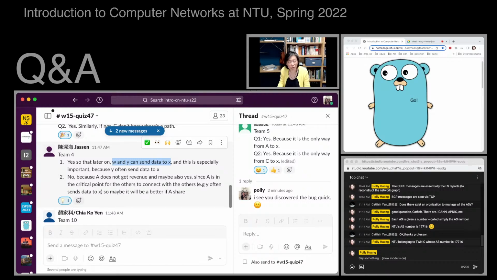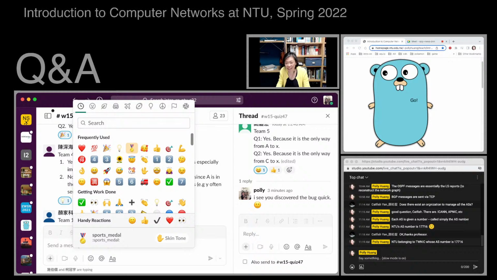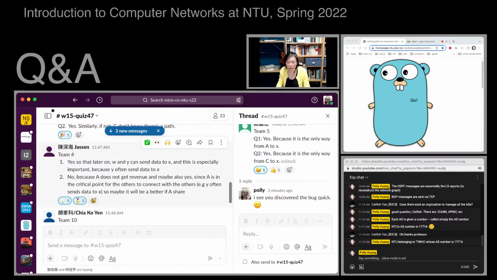W can potentially want to send data to X as well, not just Y. And here, Team 4 is debating whether A should send AWX, because obviously A is not paid by X or Y. Thinking twice, three times, it is a slightly harder decision for A. So, very good. Jason, well done. But maybe yes.